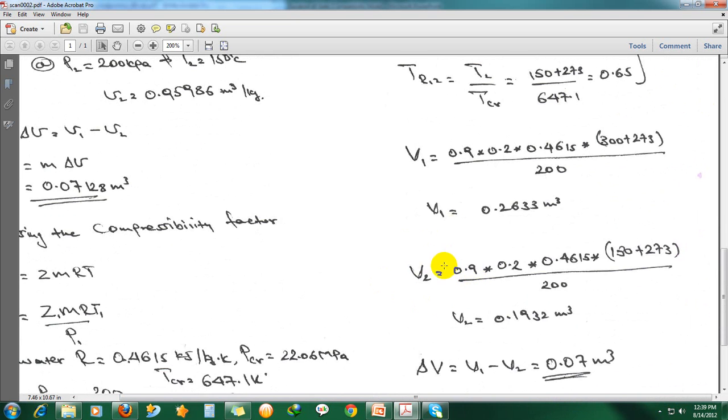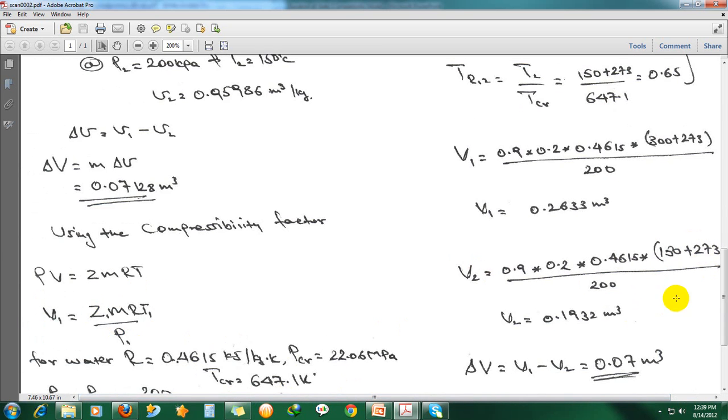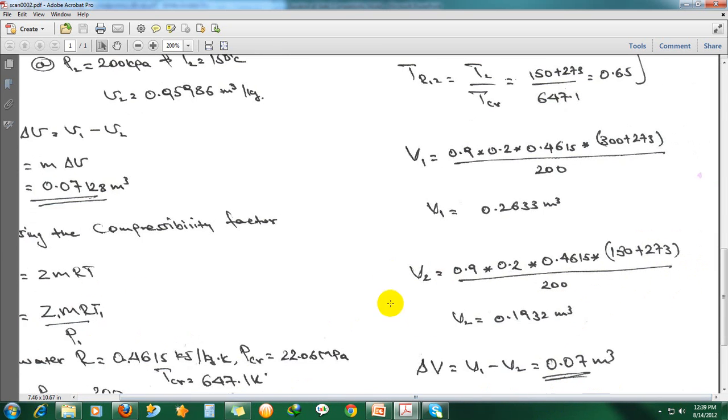Using this relation, after substituting the values, we can determine V2 is equal to 0.132 meter cube. Now, the change in volume is V1 minus V2, 0.07 meter cube.